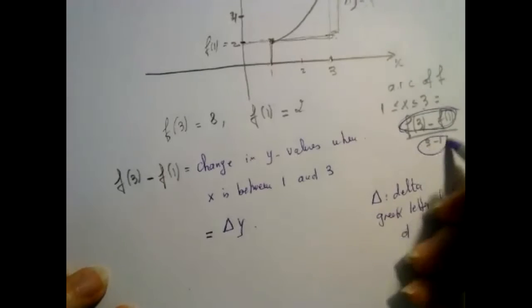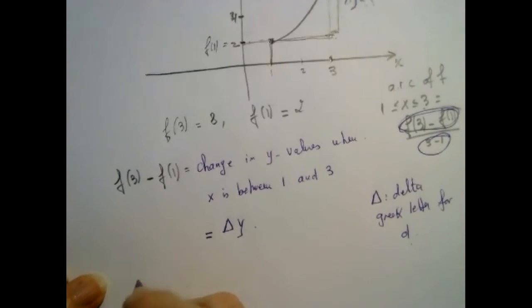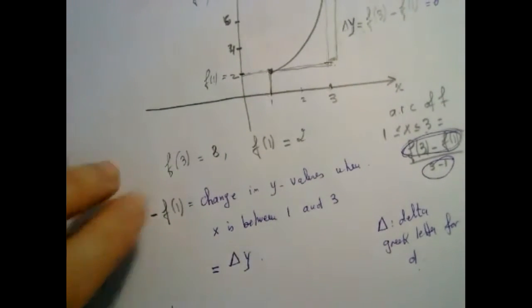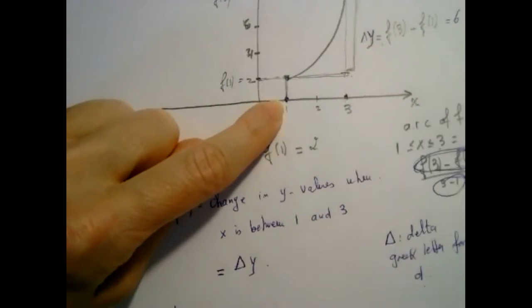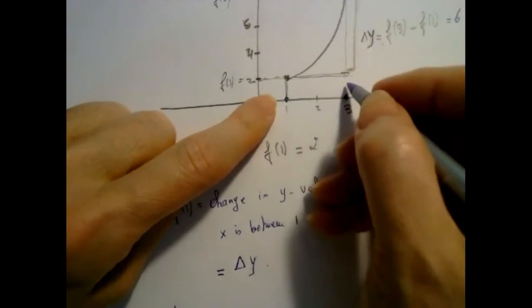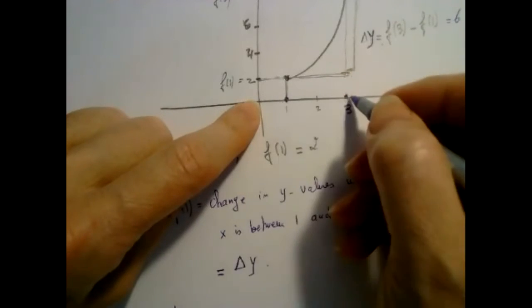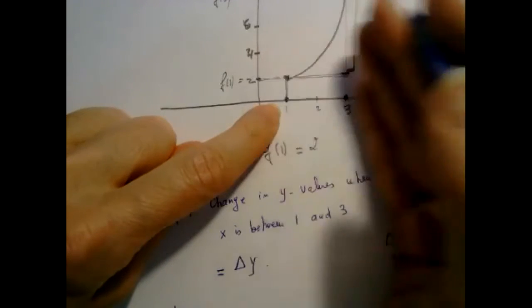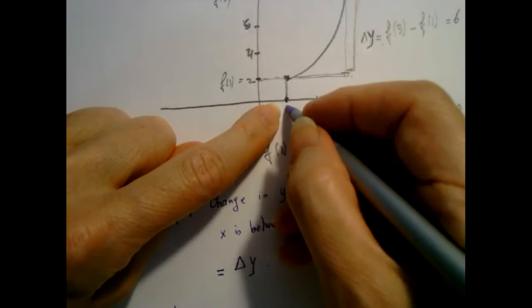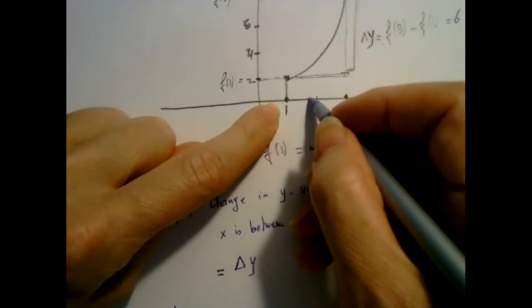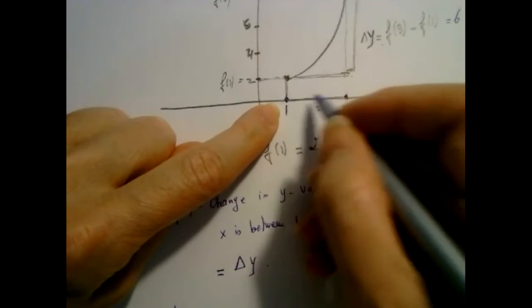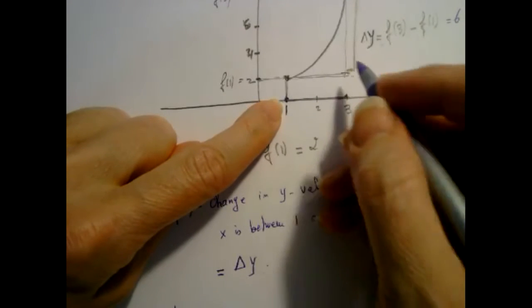Now, what is the 3 minus 1 in my picture? I go back here. For x between 1 and 3, the 3 minus 1 is how much your x changed. Imagine yourself moving along this line. You are at 1 and you go up to 3. By how much did you move? By how much your x value changed.